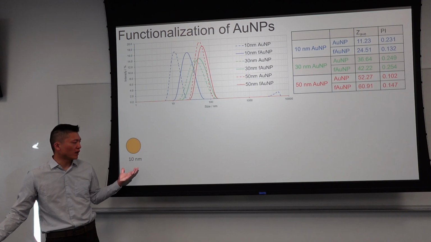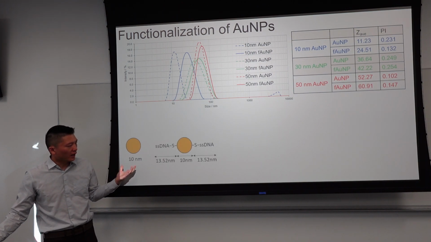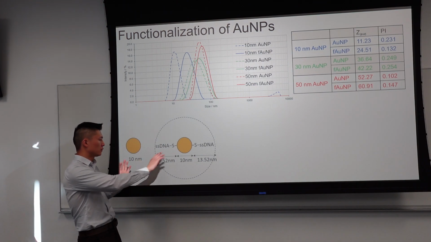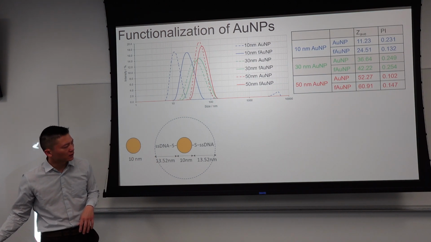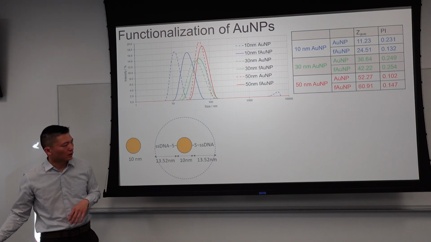You have a 10 nanometer gold nanoparticle, so this is essentially the smallest hydrodynamic size it can reach. And we assume that for the ligand shell that's formed, we can determine its maximum hydrodynamic diameter, excluding any water that is bound to this structure.